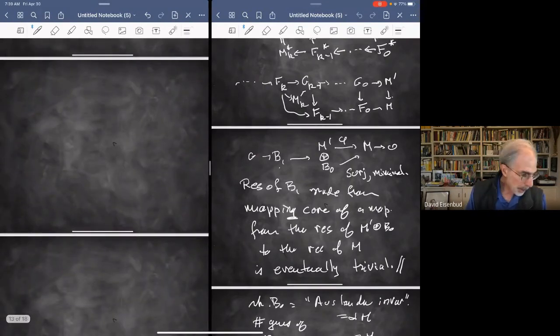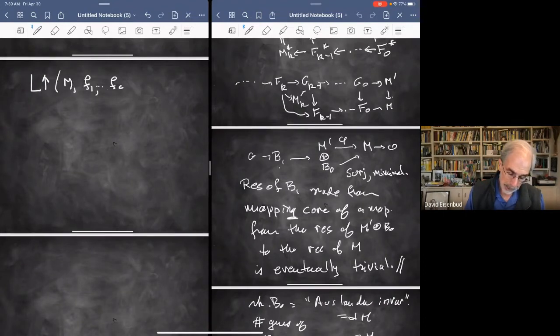So let's construct the layered resolution over S of M. And again, my notation is the same as before. F1 up to Fc is a regular sequence. M is a maximal Cohen-Macaulay module over R, which is S mod F1 up to Fc.